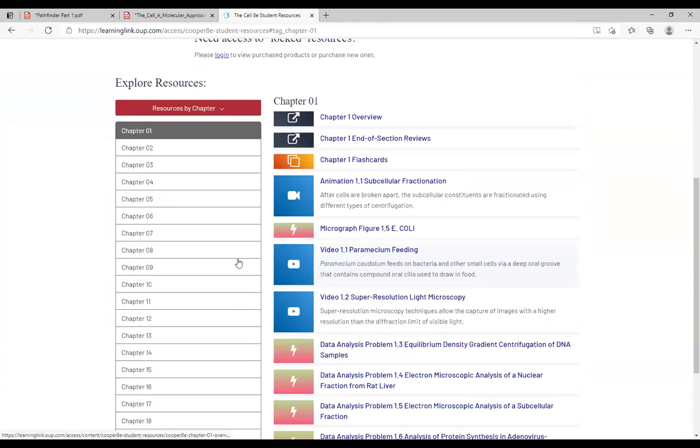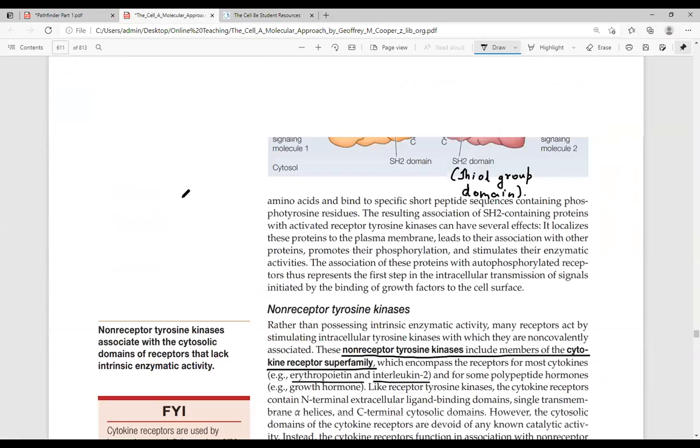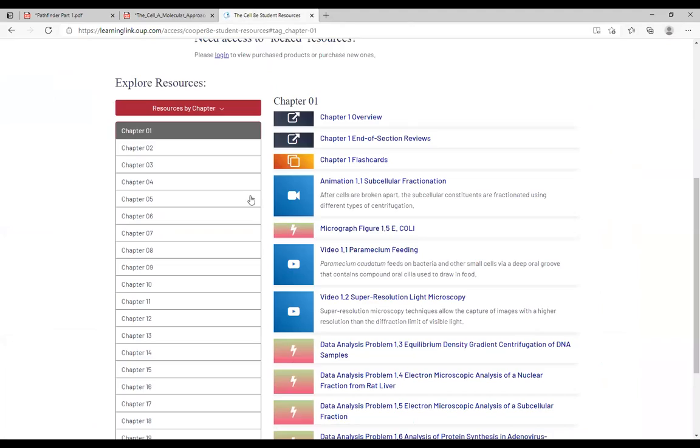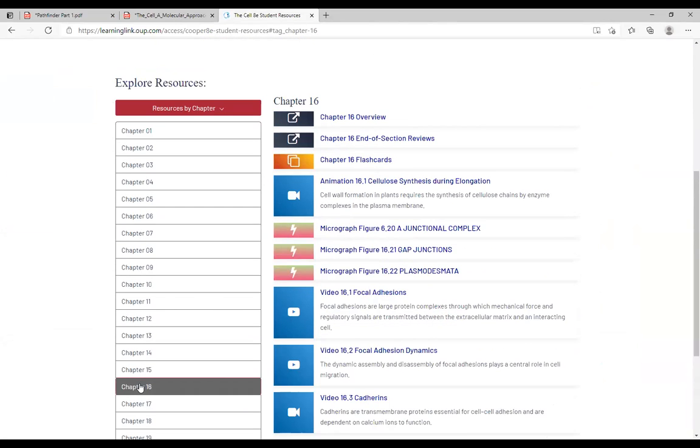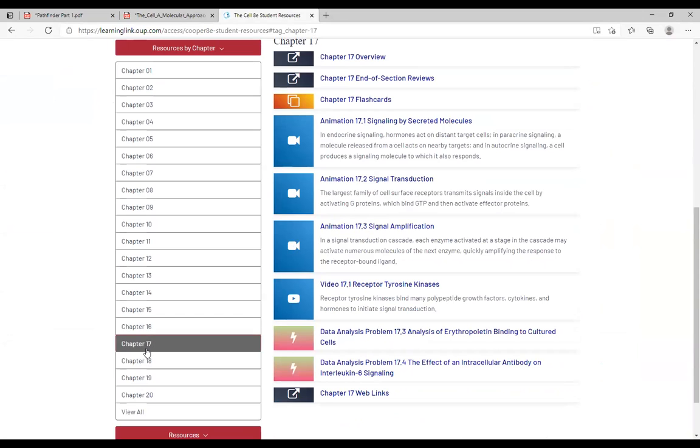here you can find every chapter in animated versions. We were looking at cell signaling, and this one was the receptor tyrosine kinase that we would be talking about.